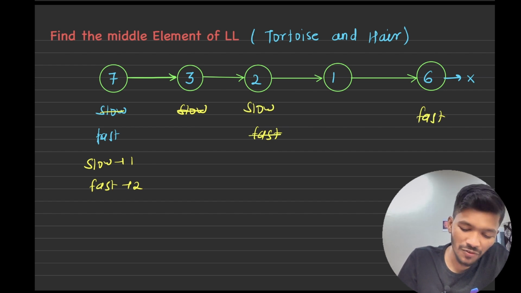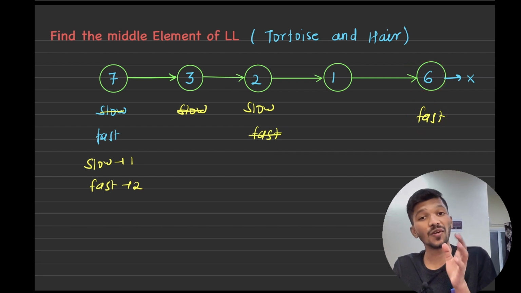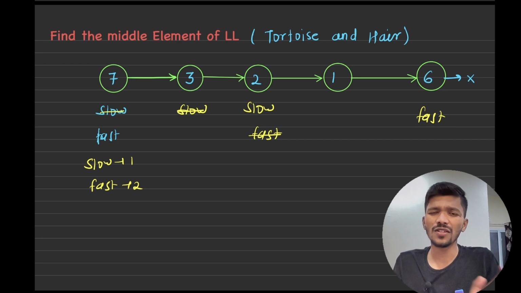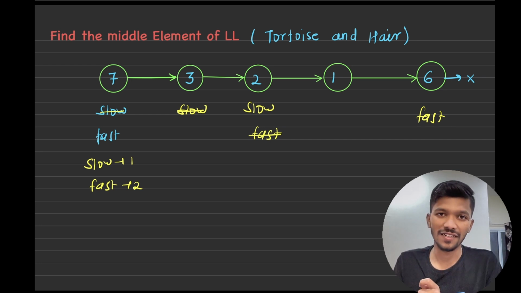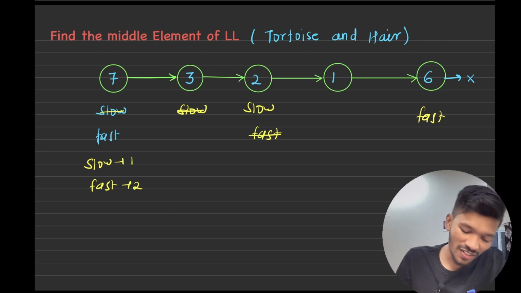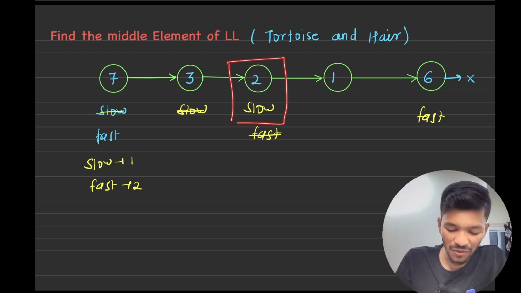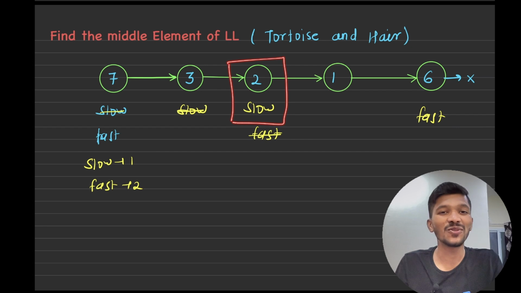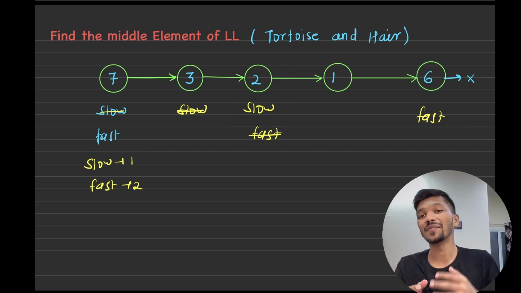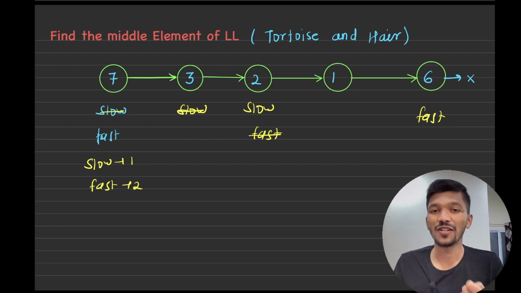Now if you observe carefully, my fast is already pointing to my last node, so do I need to traverse further? No, because I am already pointing to the last node of the linked list. At the same time, observe that slow is pointing to 2, and we discussed that 2 is the middle node of the linked list, right? So this is how we can get the middle element of the linked list.